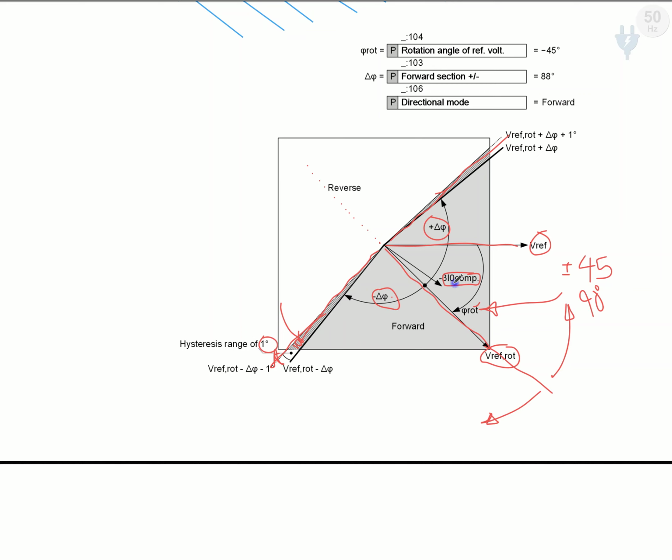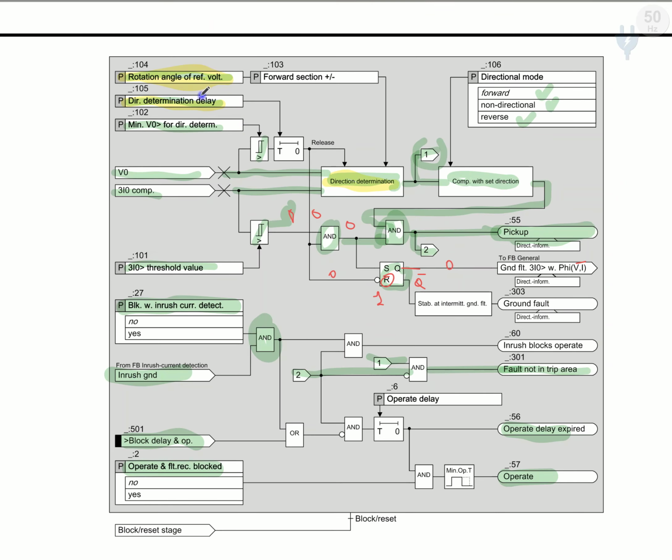If 3I0 is in these areas, our system will detect it as forward direction. So in this session we discussed the rotation angle and the forward and reverse direction. That is what the direction determination block does, and we have explained the working of this block.